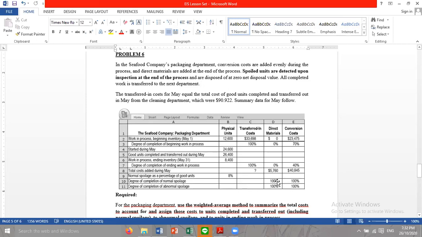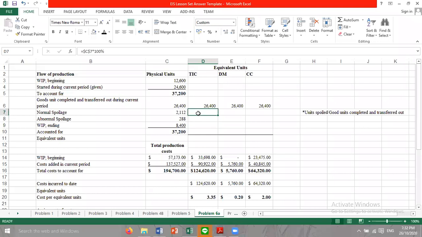If the direct materials are added after the inspection point, or 80% point, then it will be 0%. But if they are added before the 80% inspection point, it will be 100%. In this case, it's all simply 100%. So we just need to multiply by 100%, 100%, 100%.